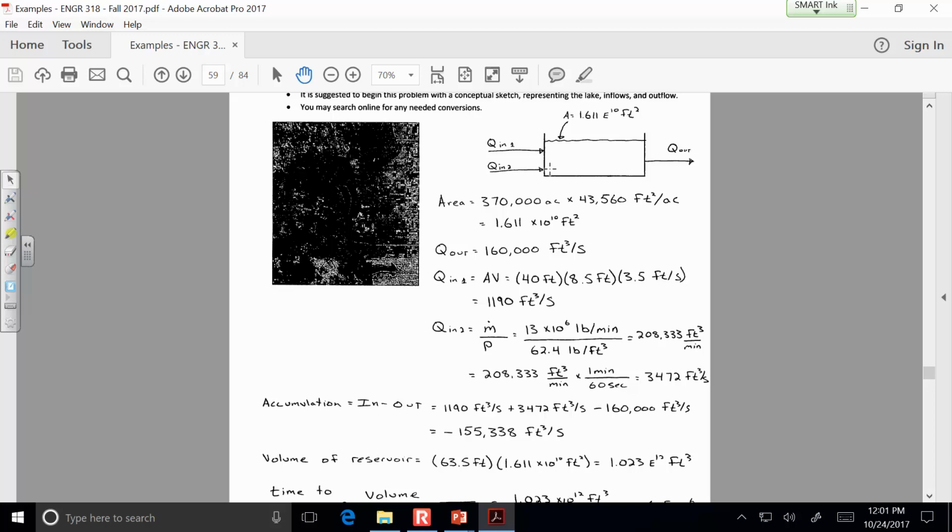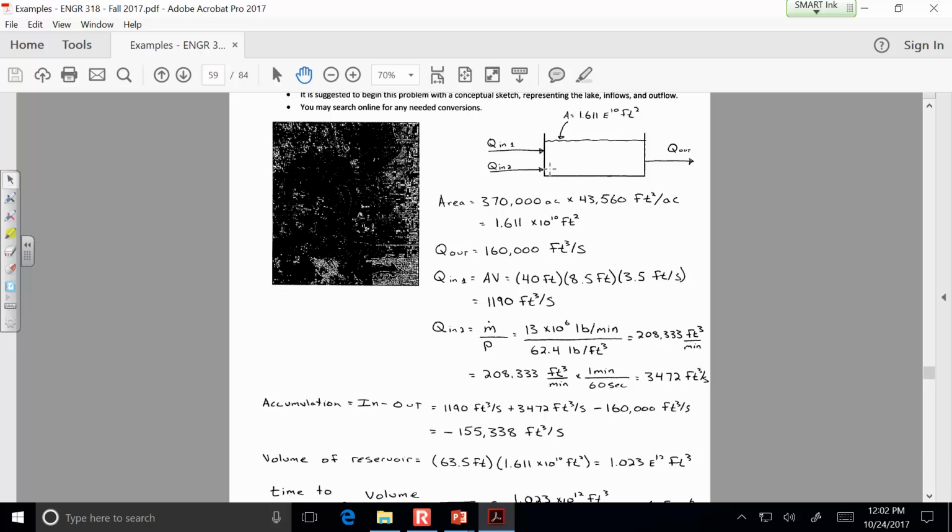In reality, that's not true. When the water level falls in a reservoir, the cross-sectional area decreases because they have kind of like a trapezoidal distribution on the side slopes of it. This is assuming that the side slopes of this reservoir are vertical, so that as the water level falls, we have the same cross-sectional area.